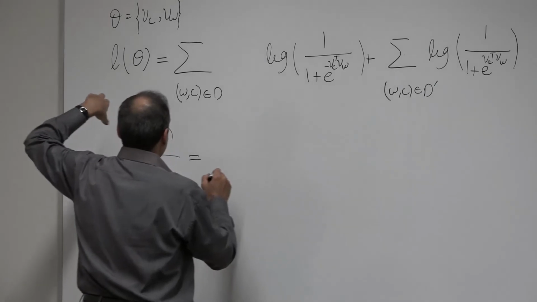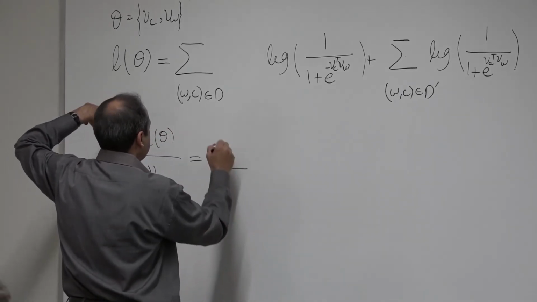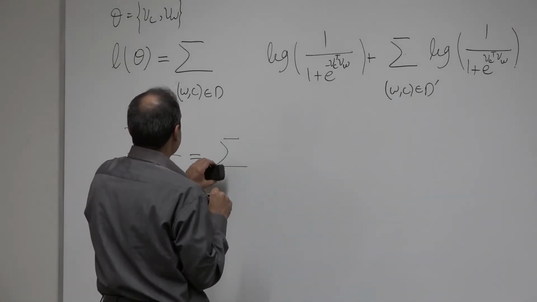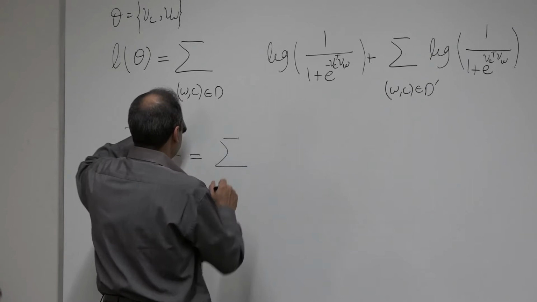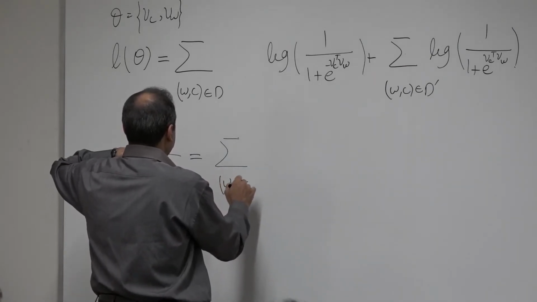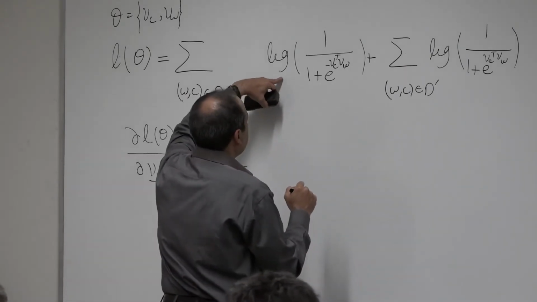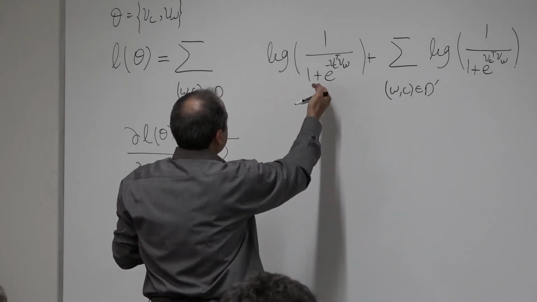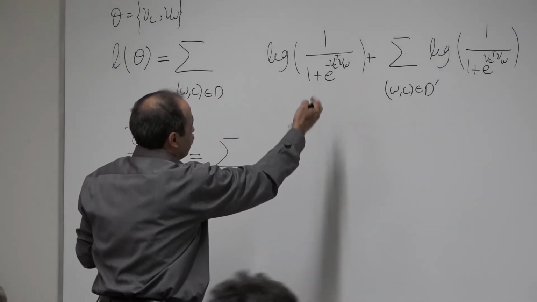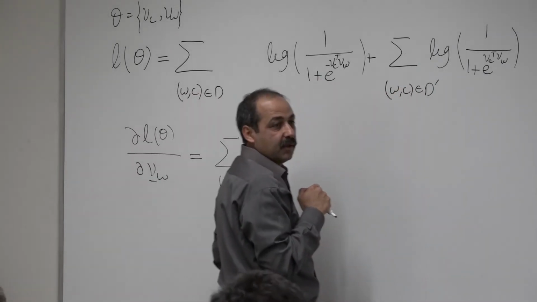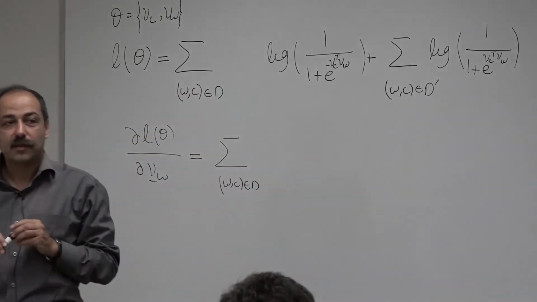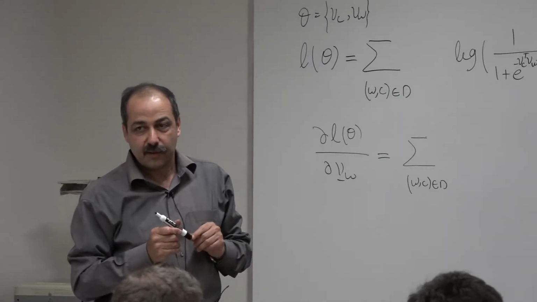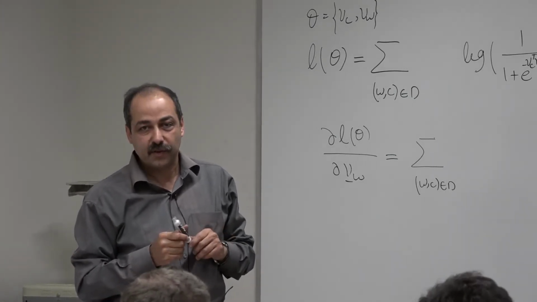It's going to be summation of pairs in D, and then you can take derivative of this log, which is clear how to do it, and to take derivative of this log, which is clear how to do it, and then you can do gradient descent using this basically update function now.